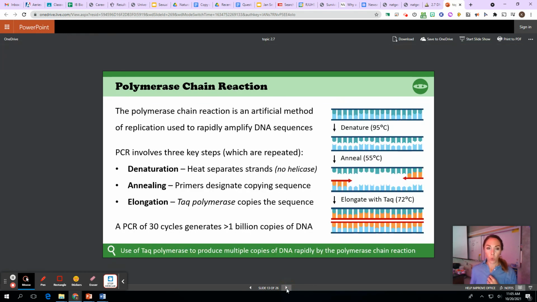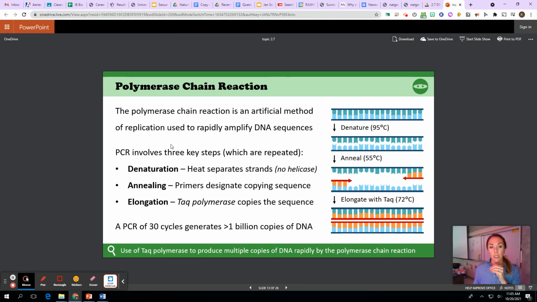Polymerization. Whew. Here is the process by which we can artificially amplify DNA. The polymerase chain reaction is an artificial method to rapidly amplify DNA sequences. They can increase this replication, to amplify it.